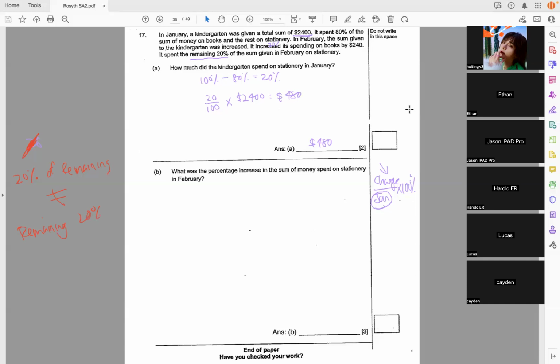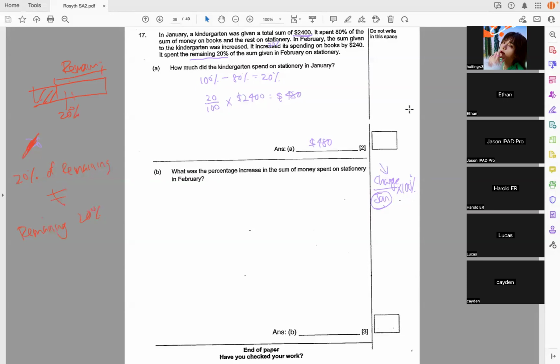You know what I'm talking about? 20% of the remaining is something you have been presented so often, right? It is like you have this, and then you spend an amount, this is the remaining, and then you cut out 20%.